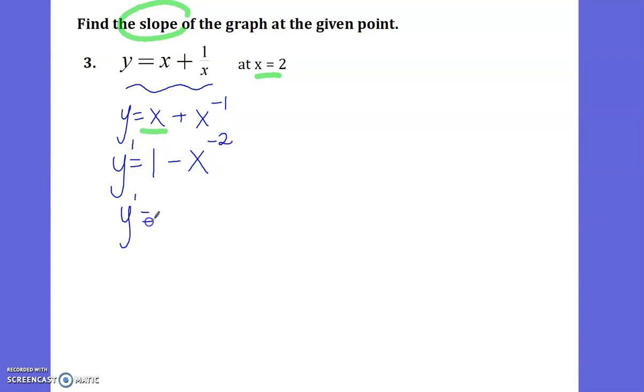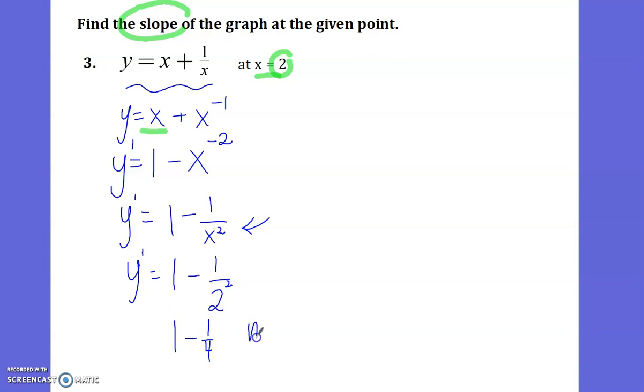So here's my derivative. I'm going to plug into the derivative because that will tell me the slope when x is 2. So 1 minus 1/4, the slope is going to be 3/4. Okay, let's try another one.